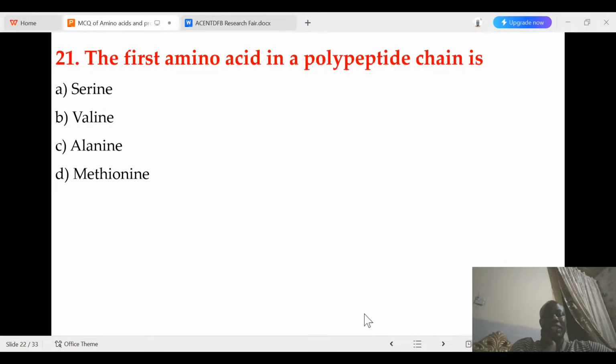That is the starting amino acid. Ayo says 21 is A. Any other answer? Garba says 21 is A.